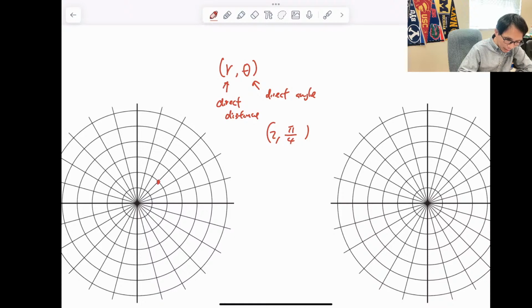So this is (2, pi over 4). When the radius is equal to 2, that means the second concentric circle, and go to pi over 4. Usually I do pi over 4 first, even though it's r theta. I will do the direction angle first, and then how many r, because that's easier to recognize. But your coordinate is going to be (r, theta).